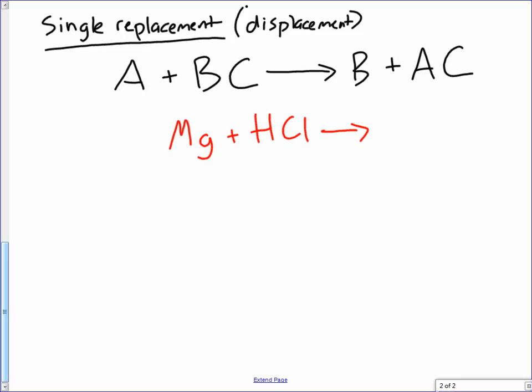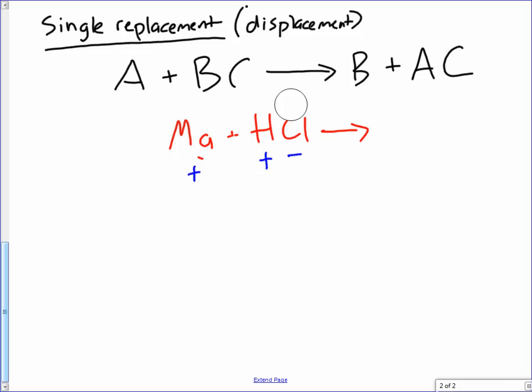So magnesium is a positive ion, it's a cation. Hydrogen here, positive, cation. And chlorine is an anion. So what that means is, magnesium is not going to want to bond with hydrogen. They're both positive. That's not how the electromagnetic forces work. Magnesium is interested in bonding with chlorine, right? Positive and negative.